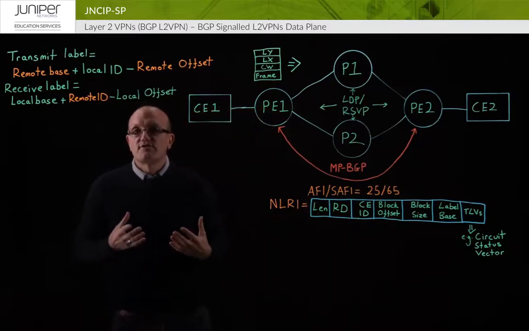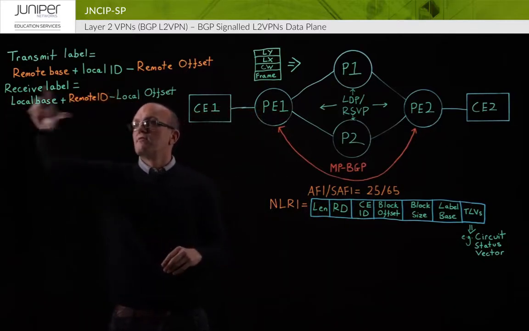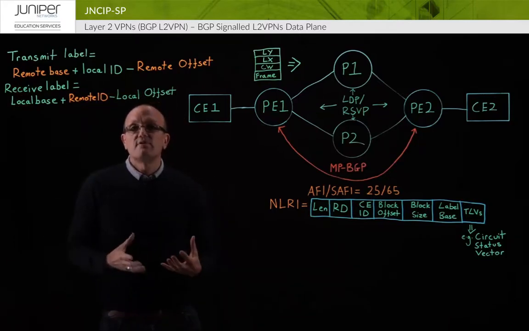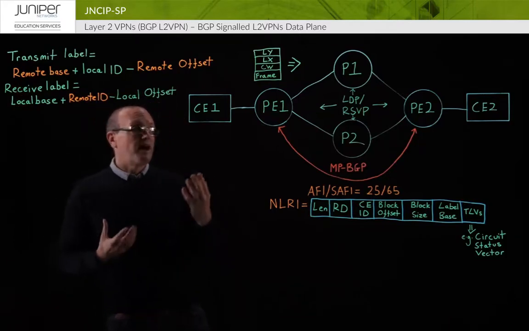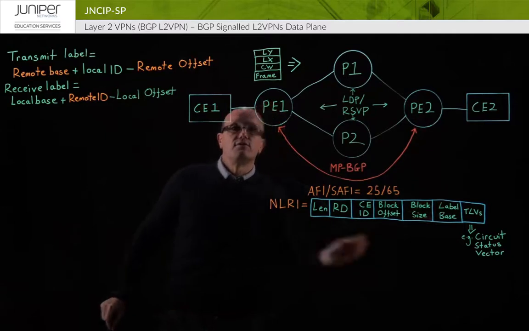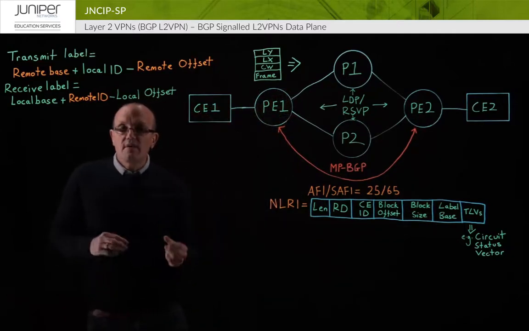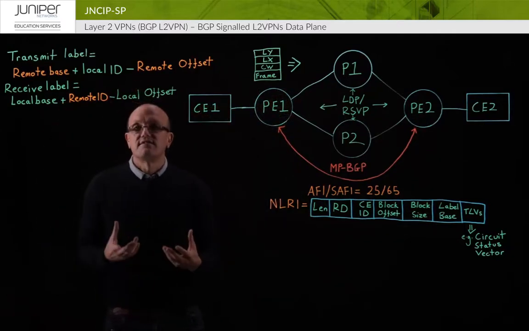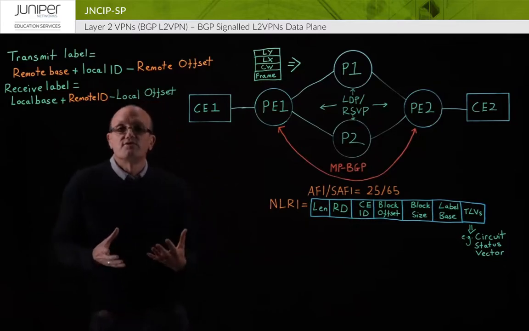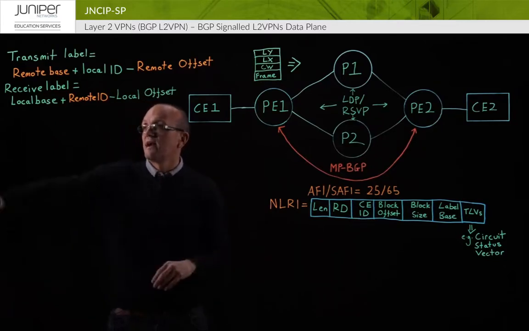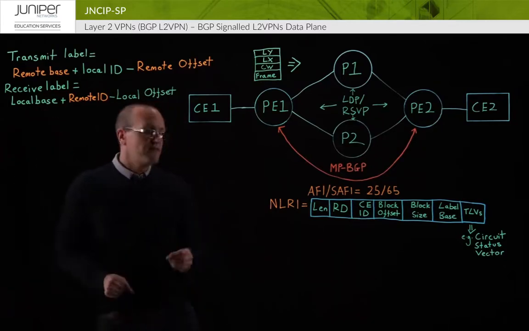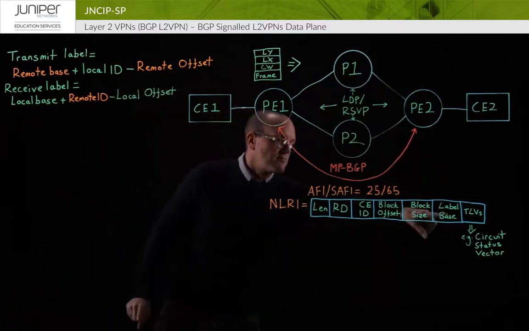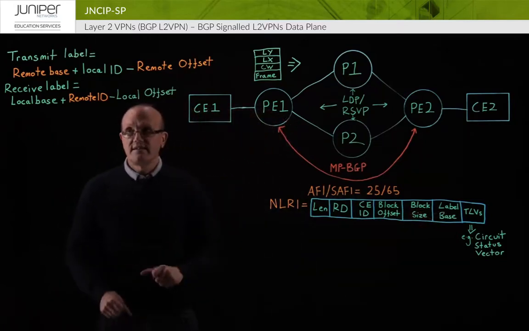And then we do this process again for the receiving label, so the label that we're going to be expecting on packets sent from PE2 to PE1. And all of these values are effectively inversed. We take the reverse options. So in this case, we have the local base, so that is the label base that we've allocated.